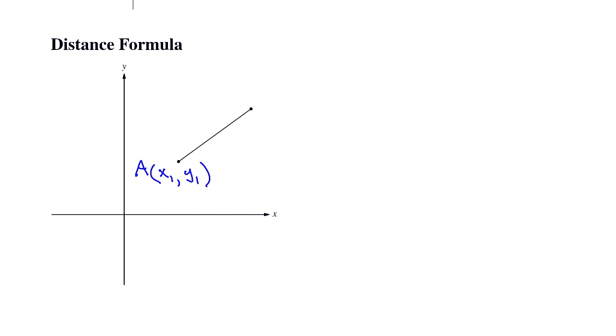So it's x1, y1, and the 1 on both the x and the y is a subscript. It goes below. It is not a power. It just represents the first x and the first y. The other point will be capital B, and that'll be the point x2, comma y2. And then let's say that the distance from A to B is D.